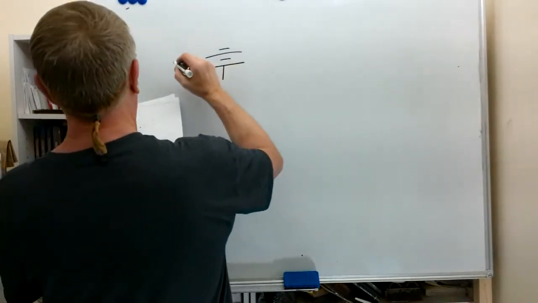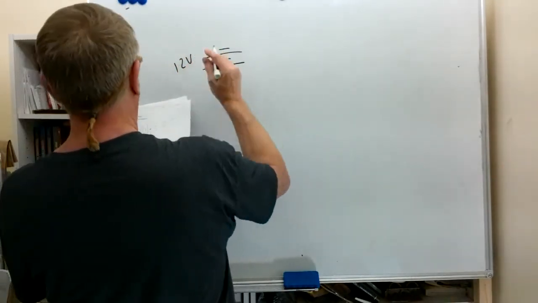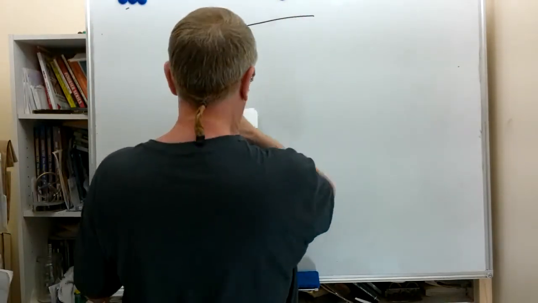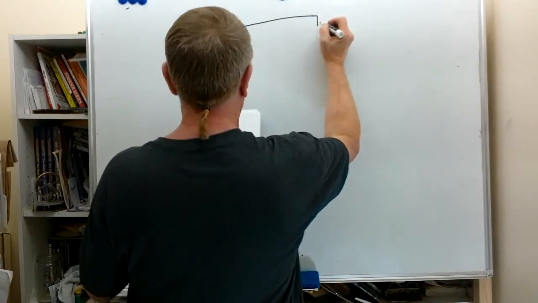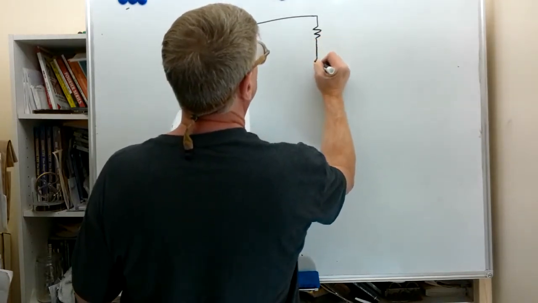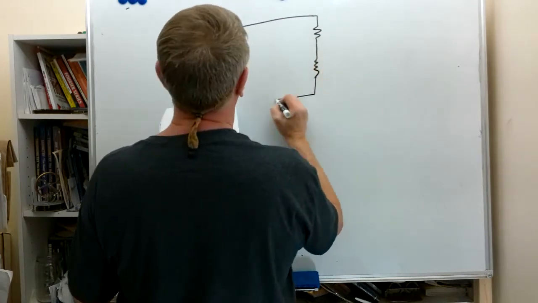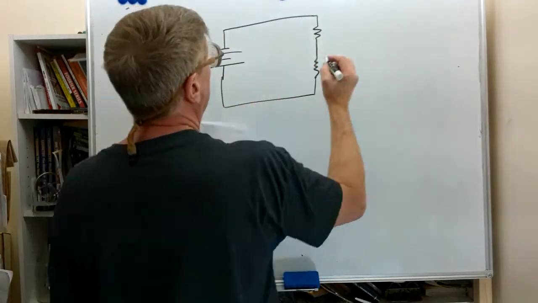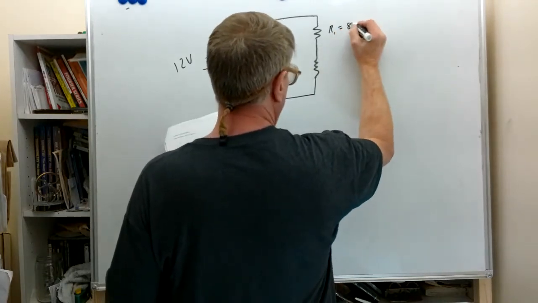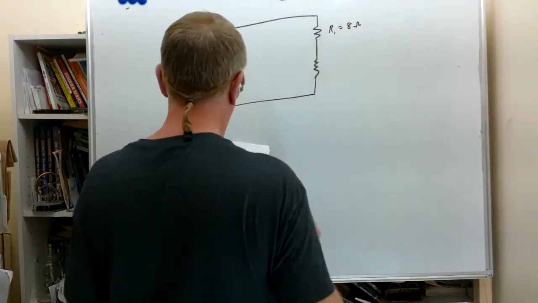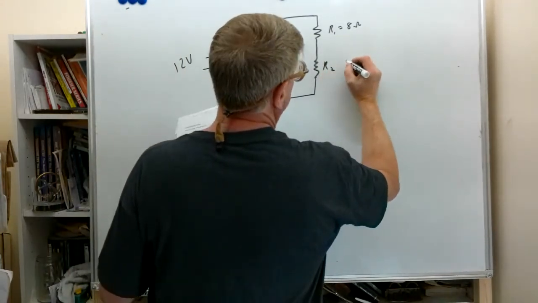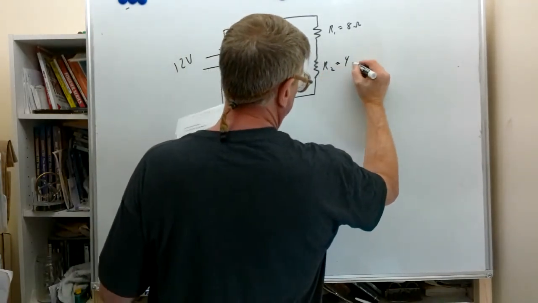This is going to be a 12 volt supply, and we're going to draw 2 different resistors in series. R1 is going to be an 8 ohm resistor. R2 is going to be a 4 ohm resistor.